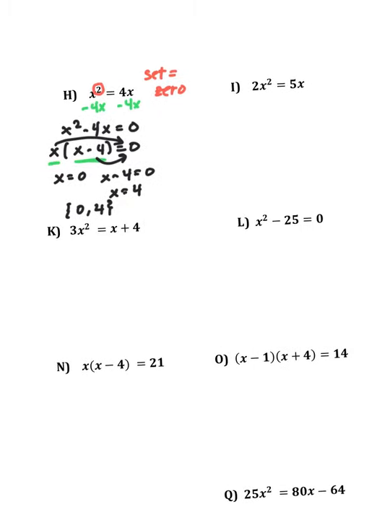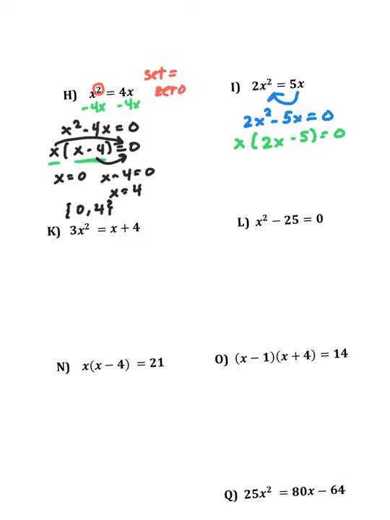Let's do letter I as well so that we can again be sure what to do when these problems look strange, right? First thing we're going to do is subtract that 5x so that it's set equal to 0, always, right? It's a binomial, right? I don't see a letter C as a constant to do AC method or anything like that, but I do see a GCF, and the GCF is x here.